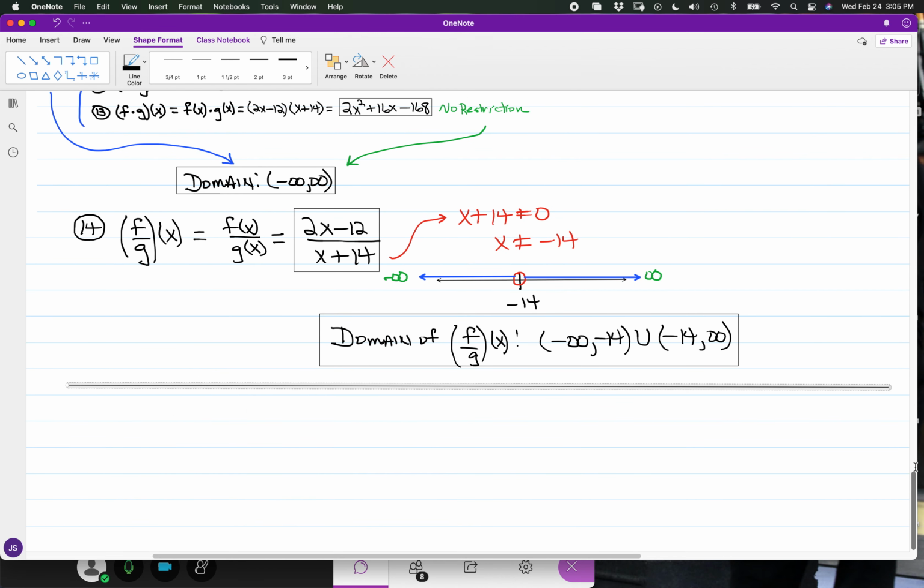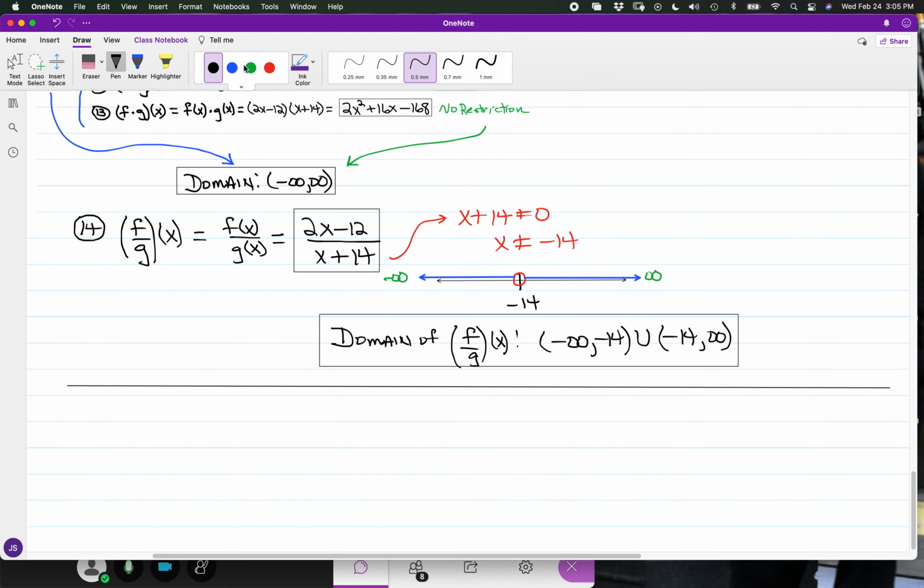Now, for the composition of functions, again, we have f of x equal to 2x minus 12, and g of x equal to x plus 14.